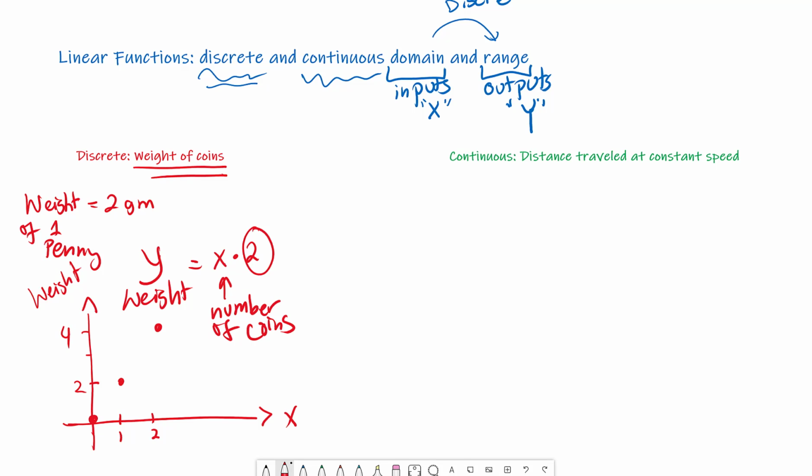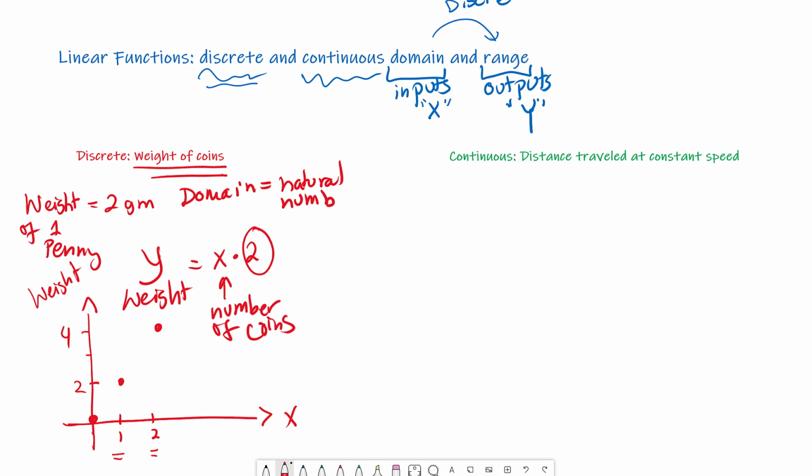Now the thing is that we can't really have half a coin or a quarter of a coin or a tenth of a coin. So in this case, our domain is given by the natural numbers, the 0, 1, 2, 3, so integers that are positive. So our domain in this case is natural numbers.